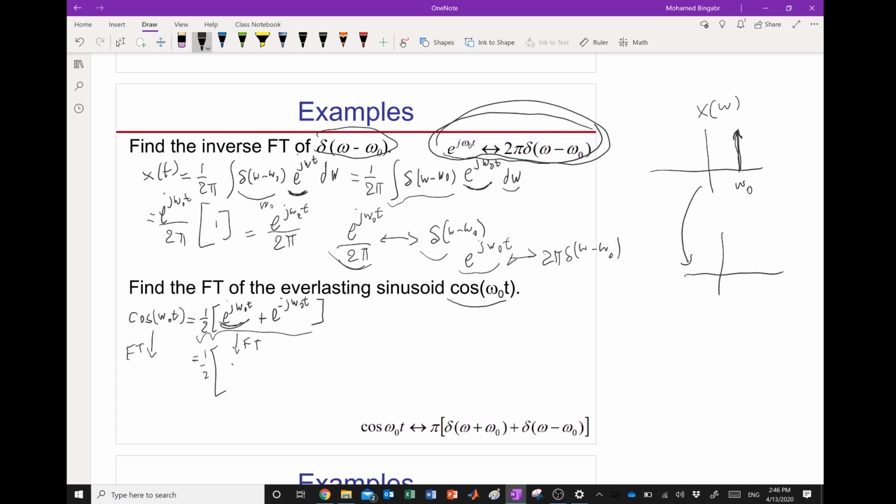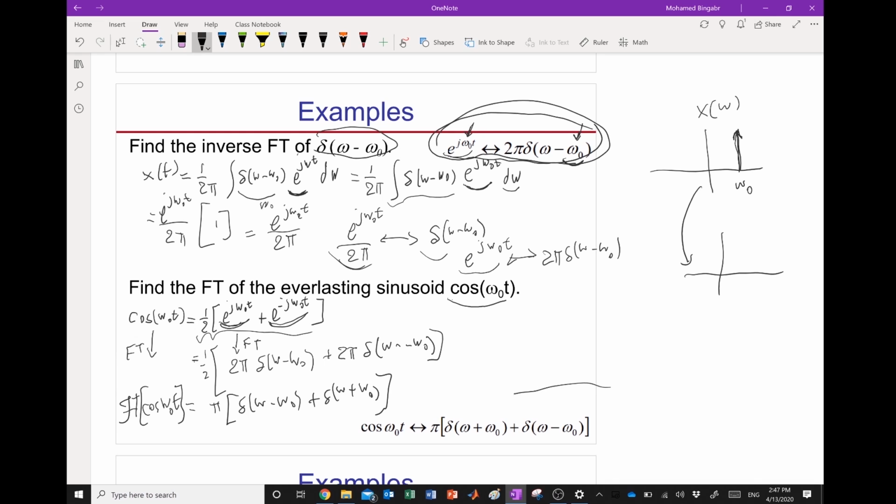It's just 2π δ(ω − ω0). The Fourier transform of this one is the same, except instead of ω0 it's minus ω0, so you get plus 2π δ(ω + ω0). The 2 will cancel with the 2π, and that's the Fourier transform of cos(ω0 t), exactly this answer.